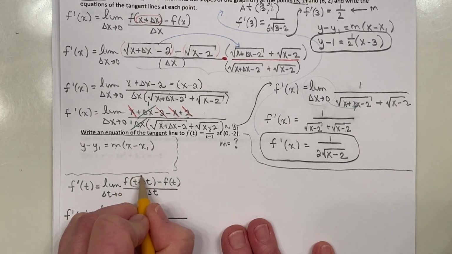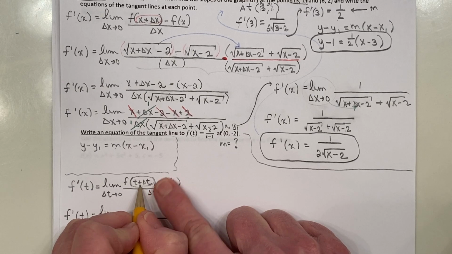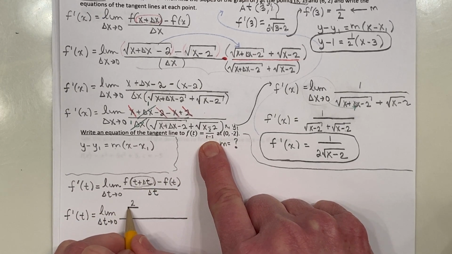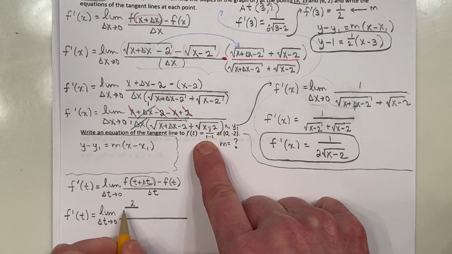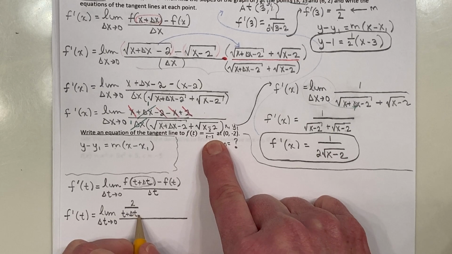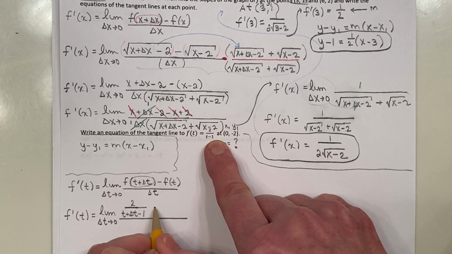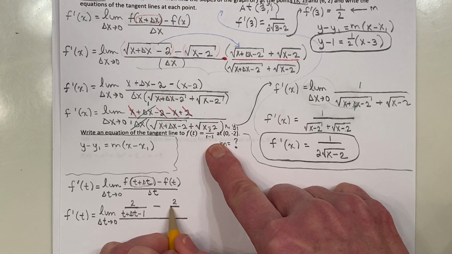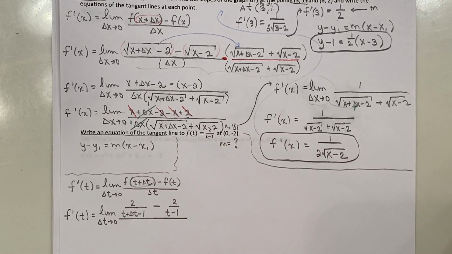So we have to insert t plus delta t into the equation for all the t's we see. So it's going to be 2 over, where this t is, we'll put in t plus delta t, and then the minus 1 is still in the denominator, minus the function of t, so f of t is 2 over t minus 1, all over delta t.